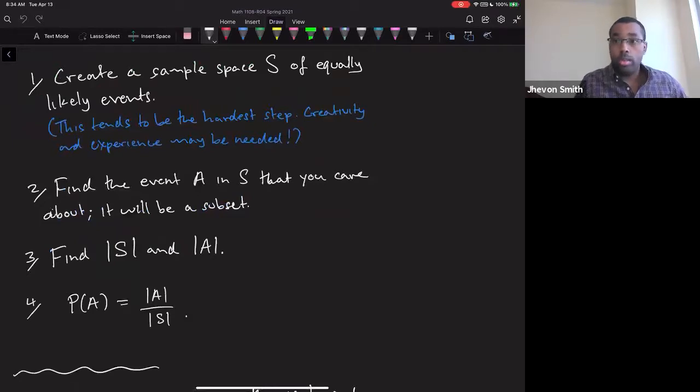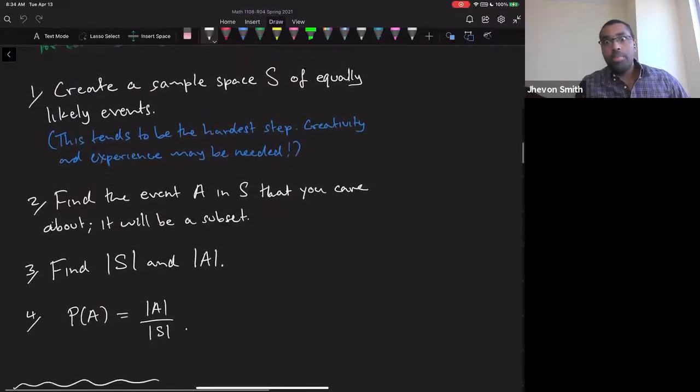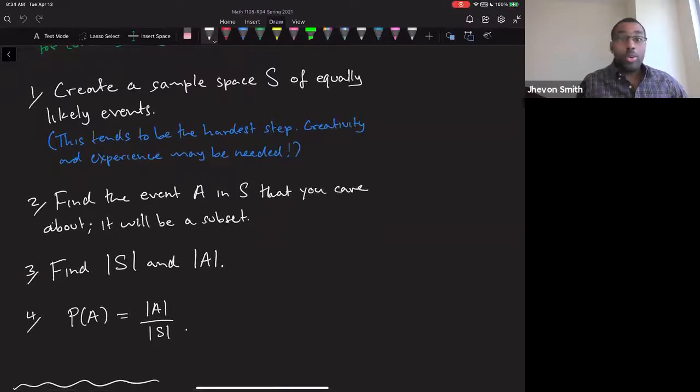So you want to know what your sample space is, create a sample space if possible, which tends to be the hardest step. And we might, as I mentioned here, discover tips and tricks and formulas to avoid doing this. But at the end of the day, you do want to have some idea of what your sample space is doing, some idea of what the event you care about is doing, because you do need to find the sizes of each. That's step 3. And then you divide them, and that's your probability.